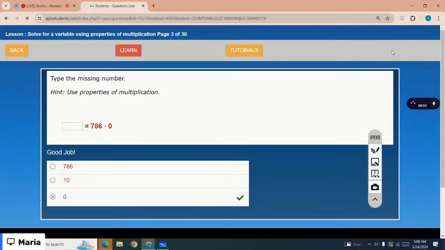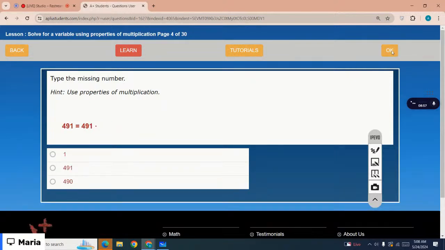The next one is: type the missing number. 491 times what number equals 491? Here you have a missing number, right?